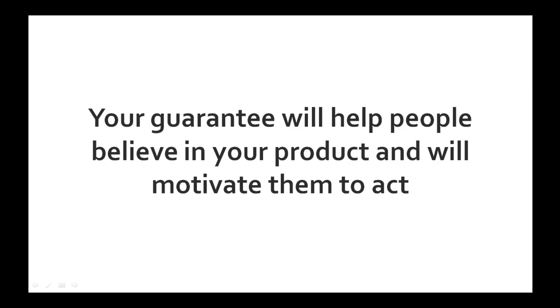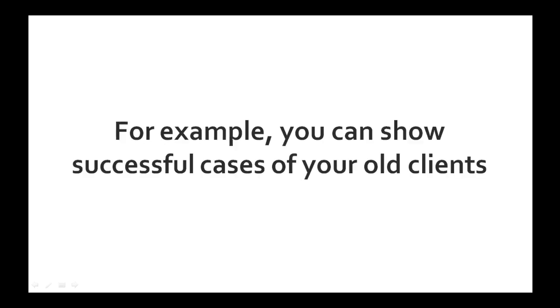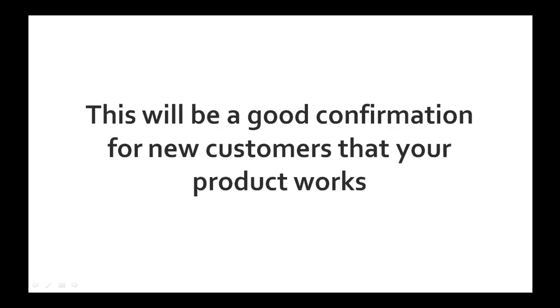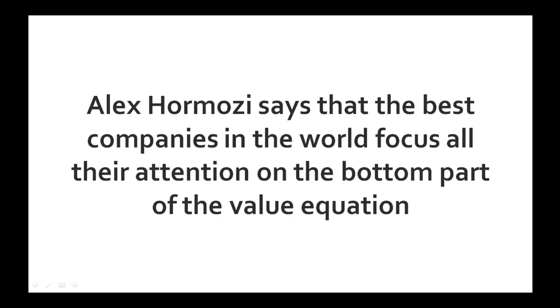Your guarantee will help people believe in your product and will motivate them to act. This can also be done with social proof. For example, you can show successful cases of your old clients. This will be a good confirmation for new customers that your product works, and this will motivate them to act, because if it has worked for others, it will work for them too.